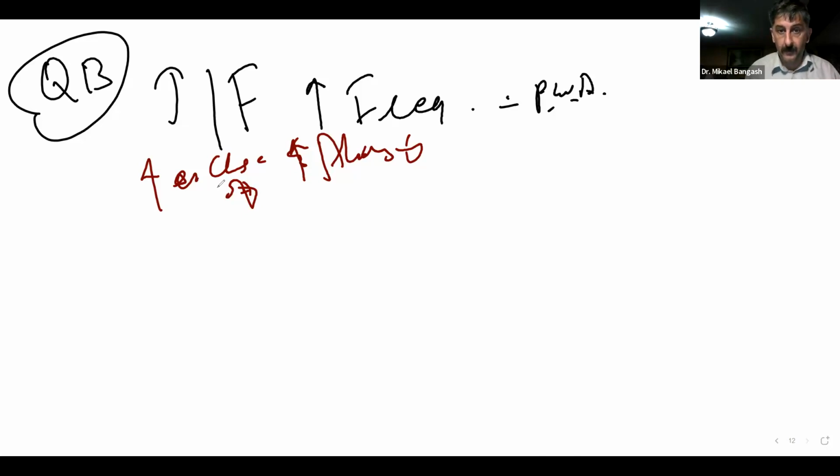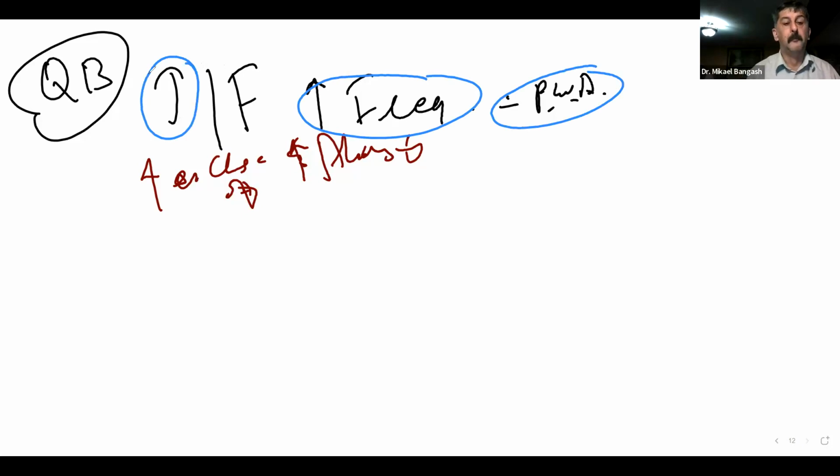Now here, both of these things make it true. Now why do I say both? Because girls, if we just switch the frequency to PRF, then it's a greater PRF.